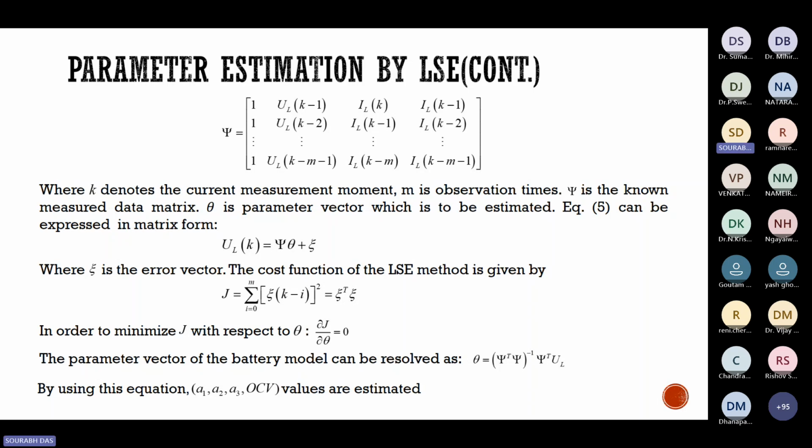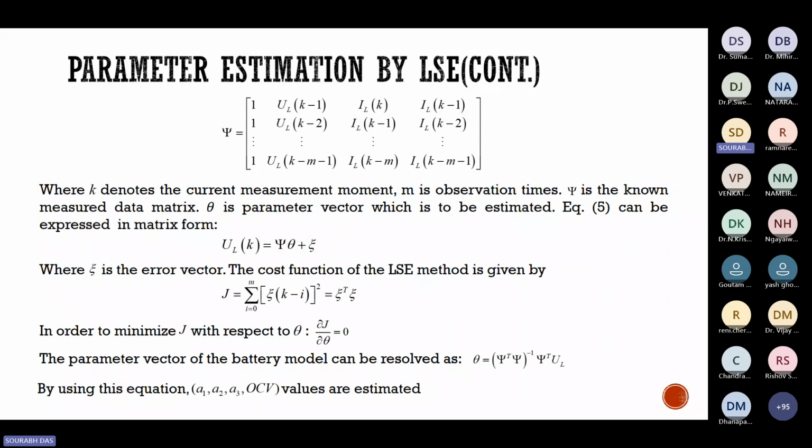To minimize this error, we have to set del J by del theta to be 0. So the parameter vector of the battery model can be solved as theta equal to psi transpose psi whole inverse into psi transpose into UL.